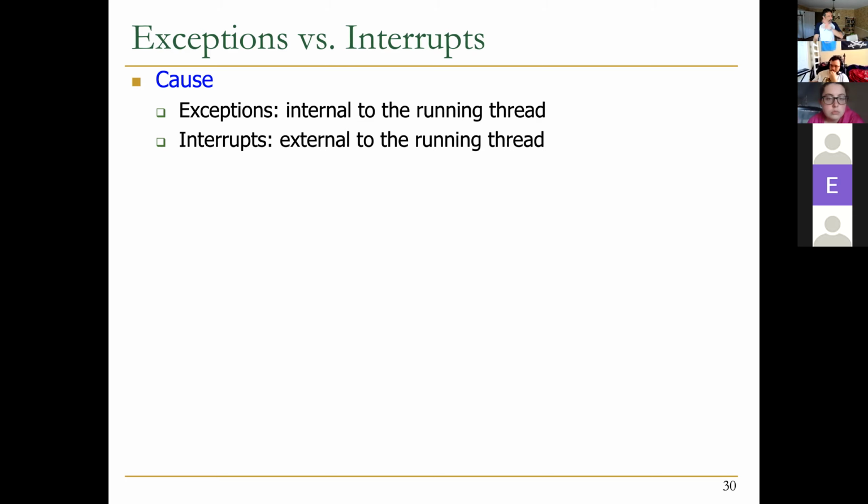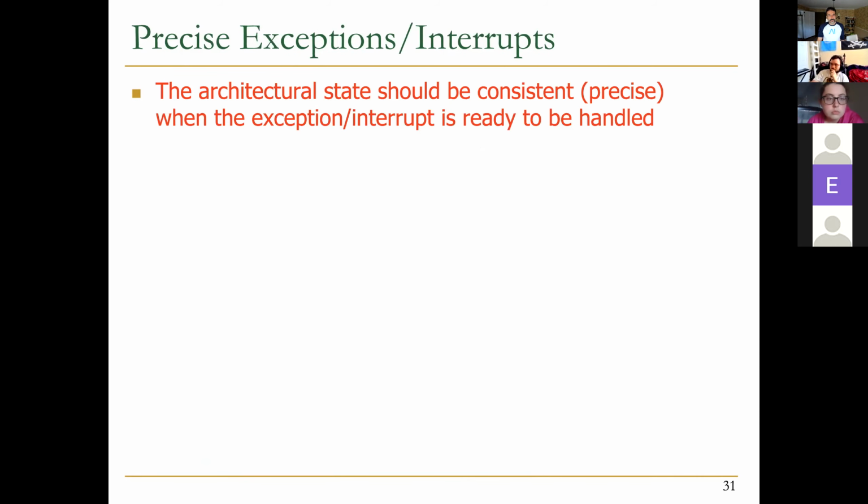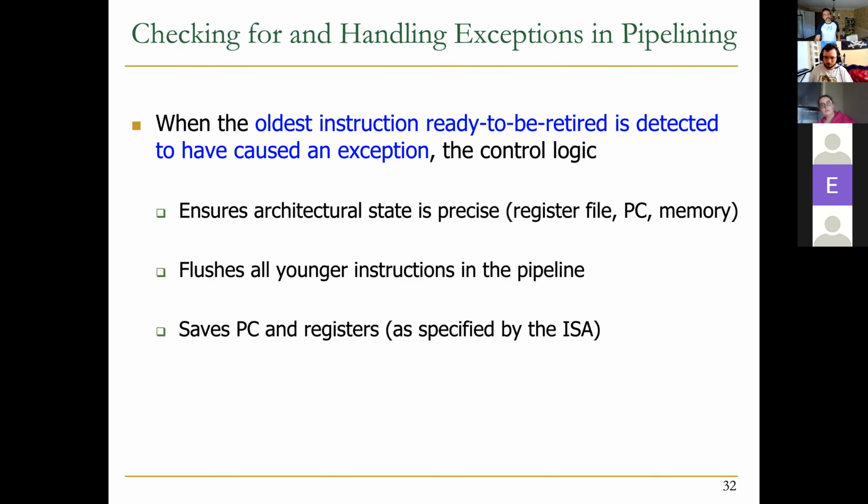I'm not going into the detail because there are so many things relevant to this, but the takeaway is the why: why we want to preserve this property, which is very important. It is to ensure that we deliver the state of the execution precisely to the programmer, so they can debug the program in a nice, easy way.